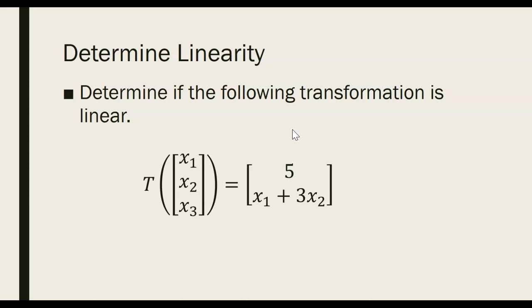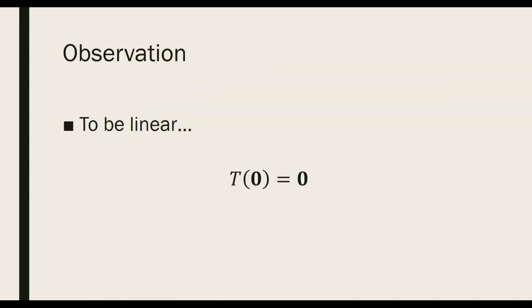And really, that first entry of the 5 was the problem, okay? That first entry of the 5 was the issue. Now, one of the observations that's going to clearly come out of this is that in order to be linear, your transformation is going to have to let the 0 vector go to 0.